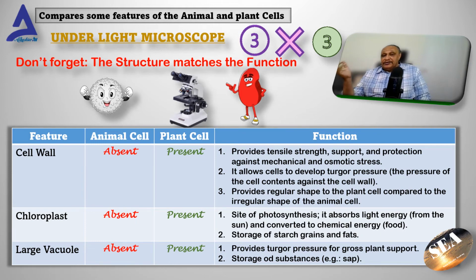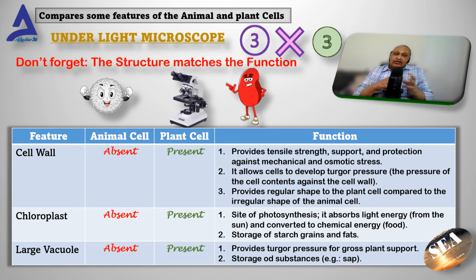We are going to deal with this a lot because there are very nice questions on it. It also allows cells to develop turgor pressure, that means the pressure of the cell contents against the wall, and also provides a regular shape to the plant cell compared to the irregular shape of the animal cell, because the animal cell is deprived of the cell wall.